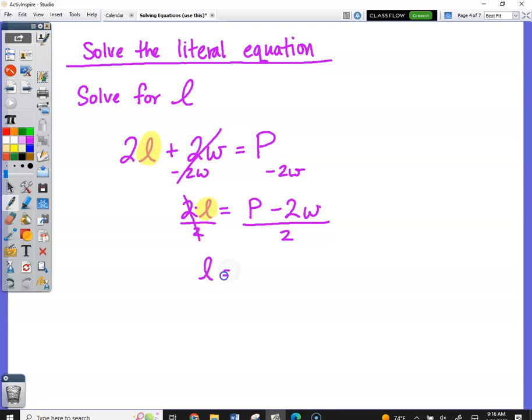Go over there, write your big fraction bar, and that's exactly what the answer is. Literal equations are ugly, but you're not trying to actually interpret it. You're just rearranging the pieces through the opposite mathematical operation until you get the one letter by itself.